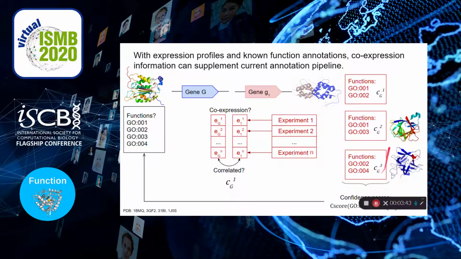So across all the genes that are out there, we compile them into a final confidence score for gene G, which is our gene of interest, against possible functions that have been annotated.